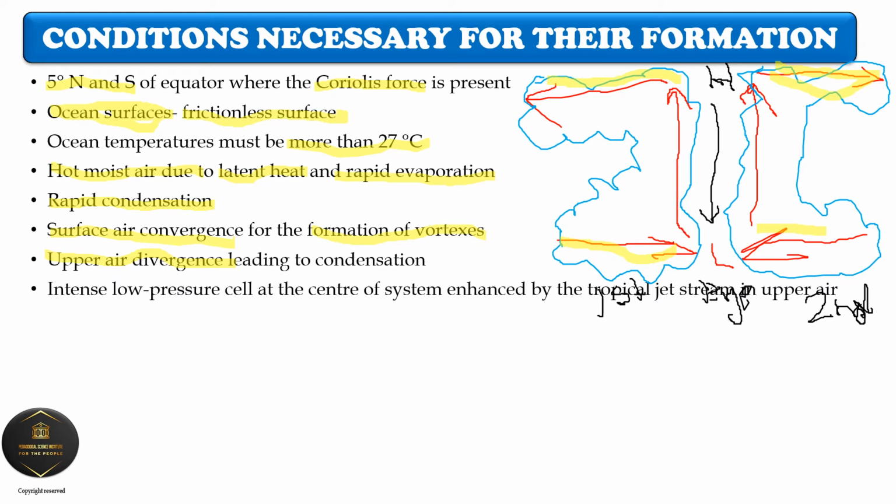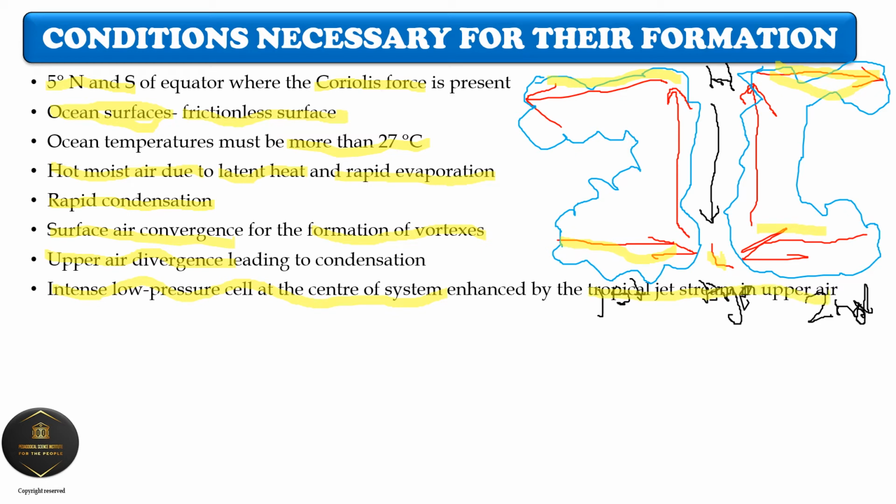What else do we need? We need an intense low pressure cell at the center of the system. So that's what I described there. And what enhances this intense low pressure cell is your tropical jet stream in the upper air.